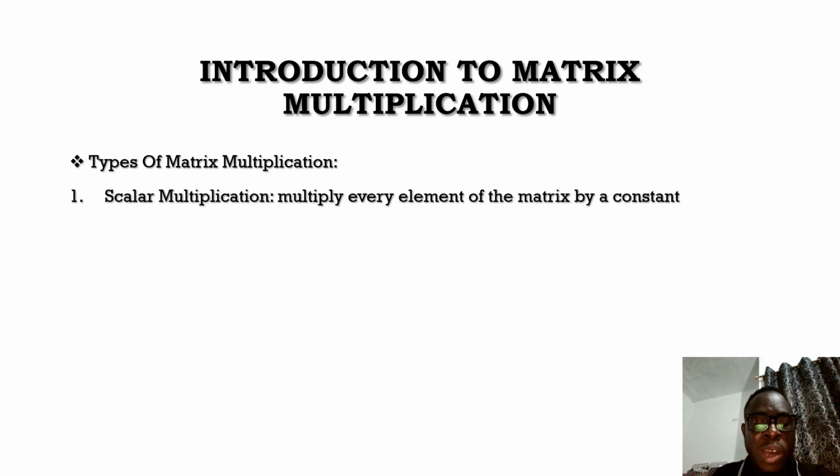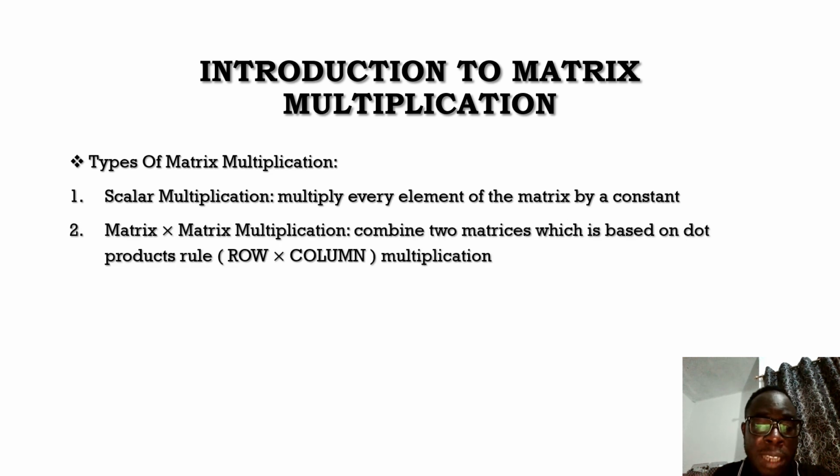Now, the introduction to this section is to understand the types of matrix multiplication that we have. The first one is scalar multiplication, and it deals with multiplying every element of the matrix by a constant. So you are going to multiply all the entries of the matrix by a constant.